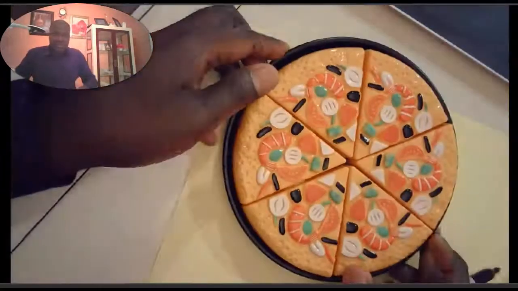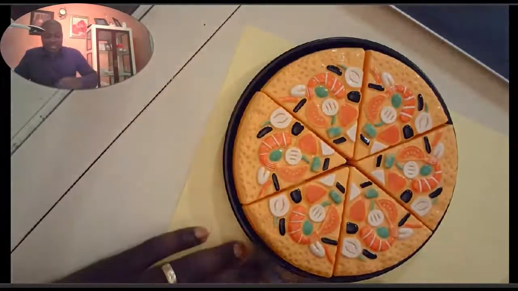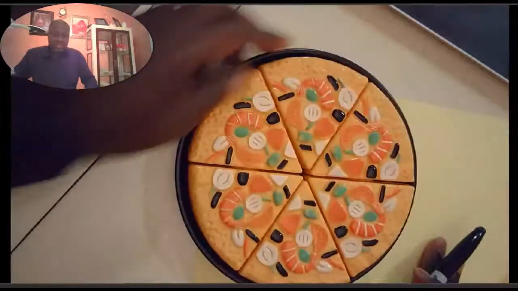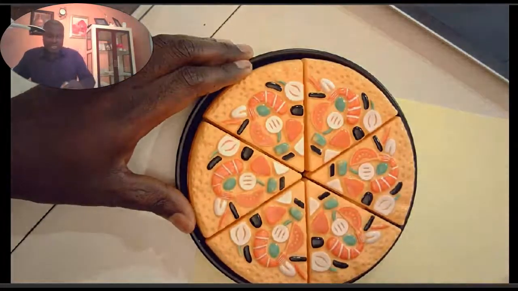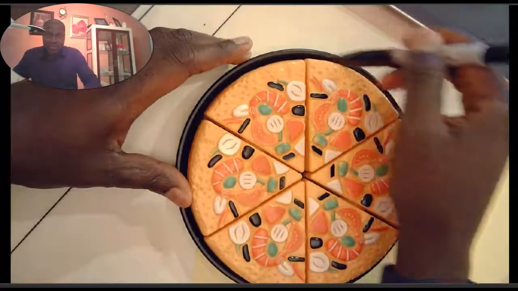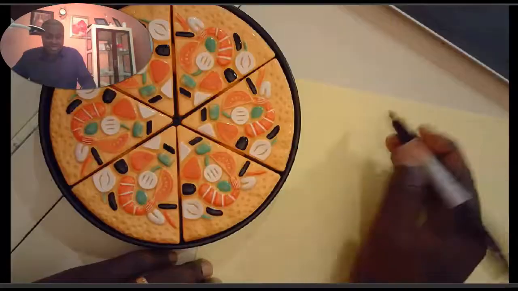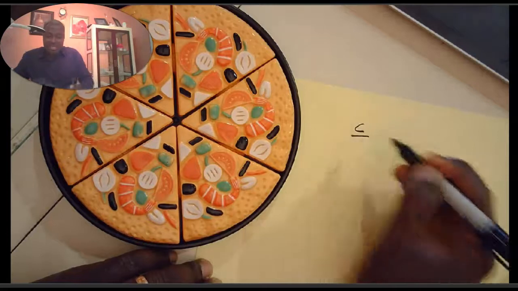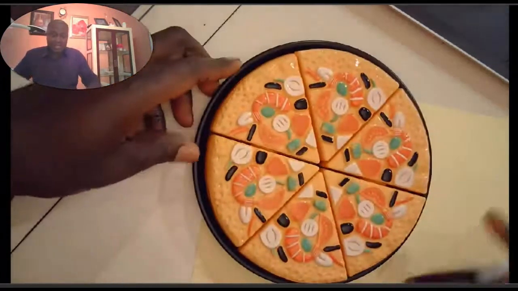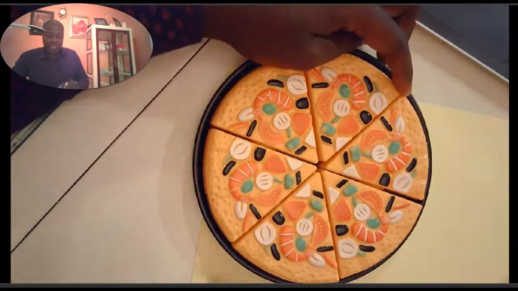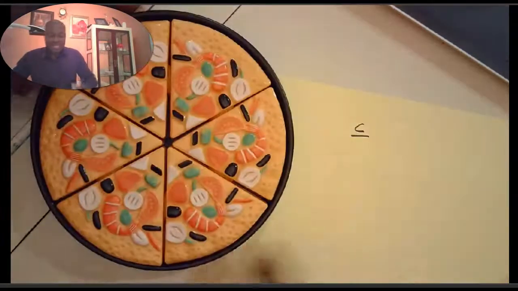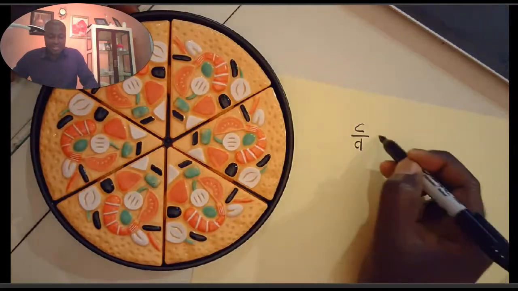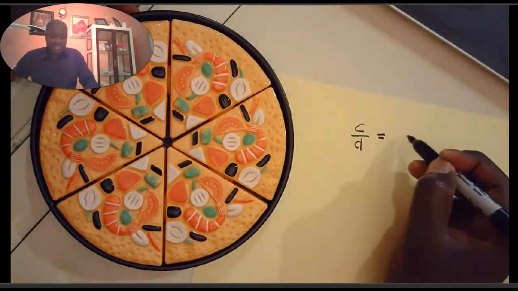If we have our pizza, what we did is that we measured around here, and that distance around here is in mathematics what we call the circumference. So we got C, and then we measured from one end here to here through the center, which is the D, the diameter.